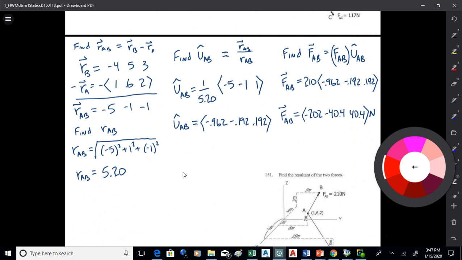So you multiply the 210 through the vector. And what you get for the vector FAB is -202, -40.4, and +40.4. So that's how you use position vectors to generate a force vector.